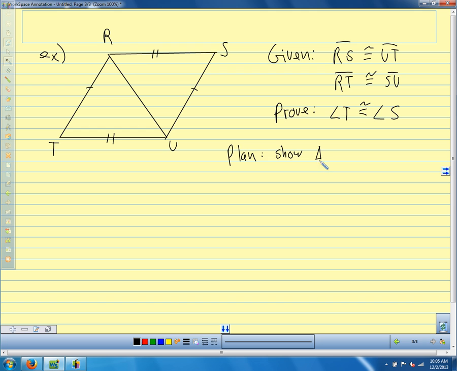We want to show that triangle RTU, I'm going to call it RUT, is congruent to triangle URS. And then use CPCTC to show that the angles are congruent.